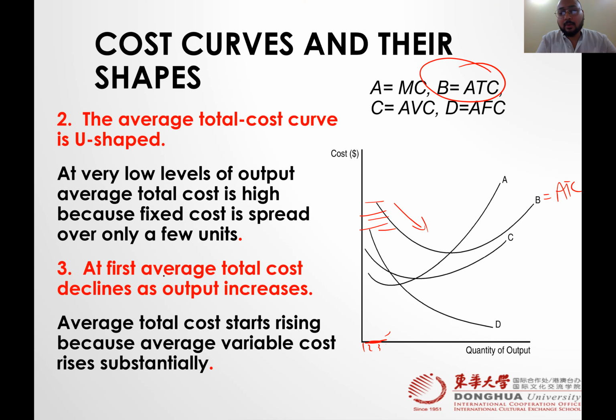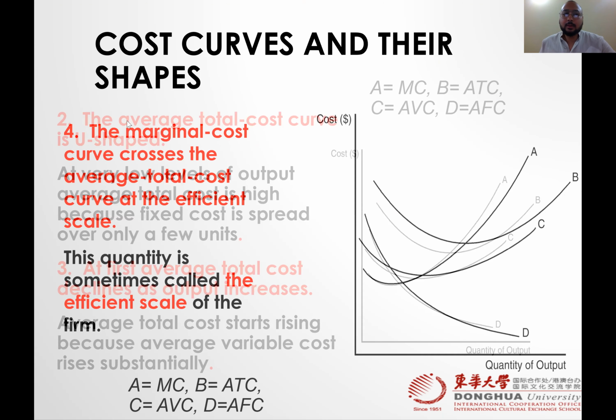So at first, average total cost declines as output increases. As long as you increase the production, it started to decline, right? So the marginal cost curve crosses the average total cost curve at its minimum, or at its efficient point.